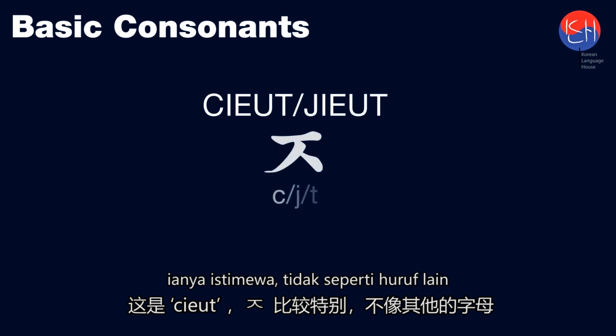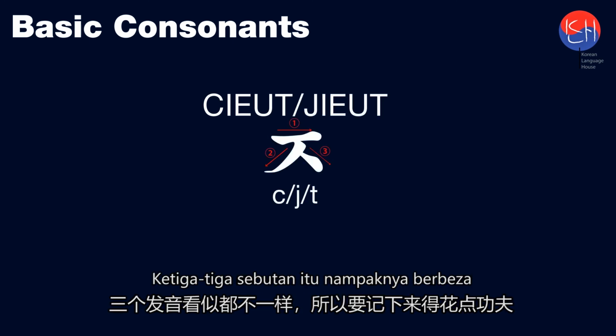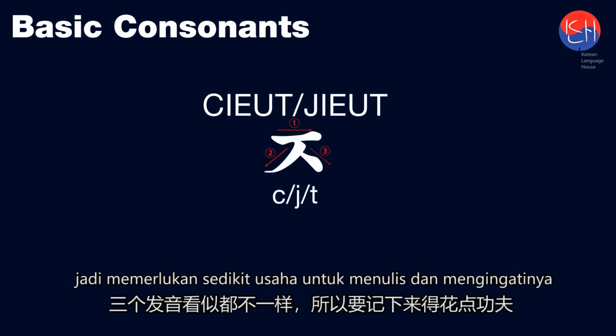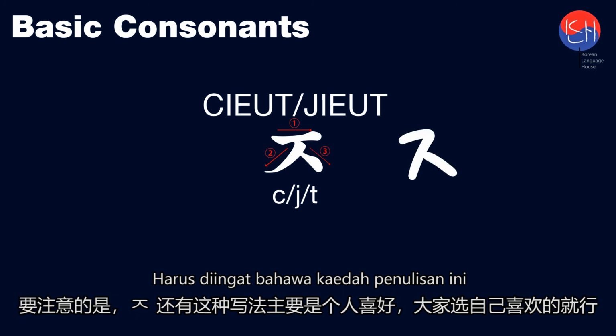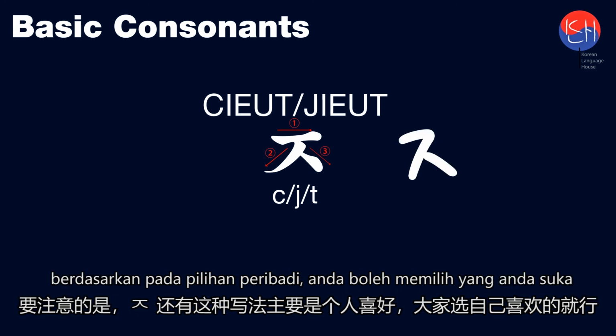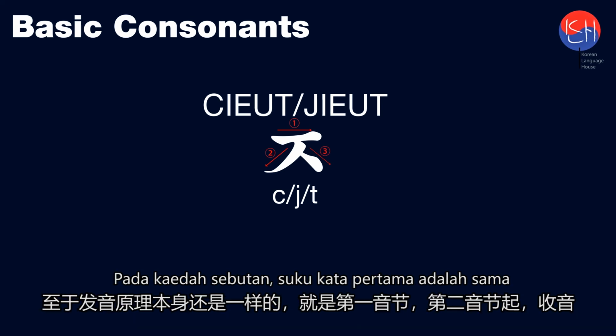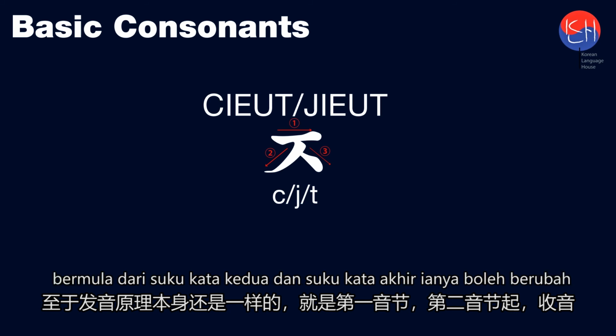This is 지읒. It's unlike the others because all three sounds are different, so you're going to have to work a little harder to remember this one. Note that it's also sometimes written like this. It's a matter of personal preference, so just choose whichever you like. Now again, the same rule applies. First syllable, second syllable onwards, and ending consonant.